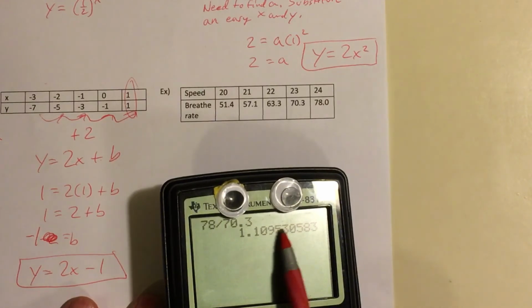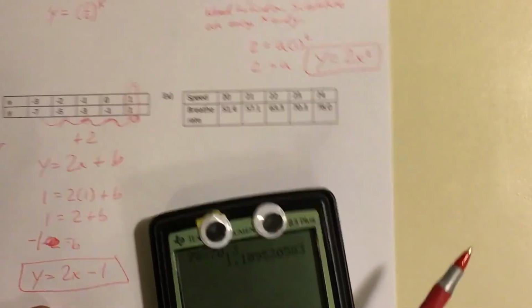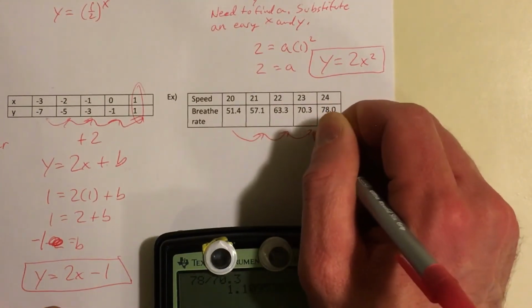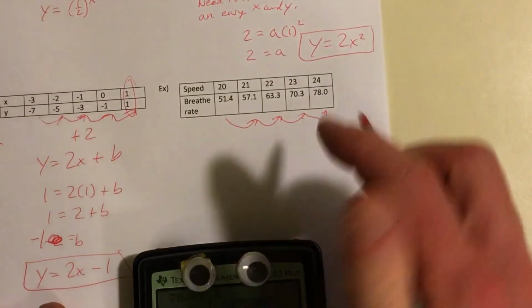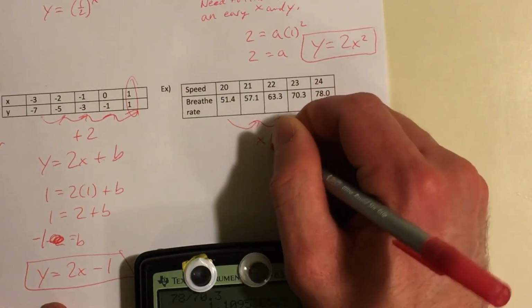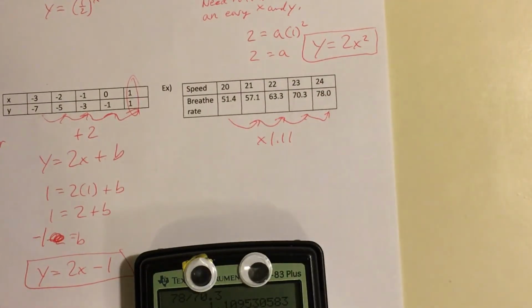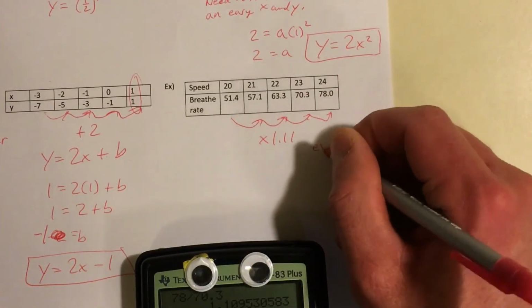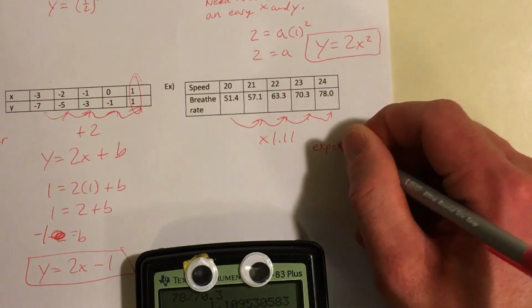This is a little bit below. I'm going to generalize and say that the pattern here is approximately multiplying by 1.11. Now there's some rounding issues here, and it could be when I wrote the problem, but it appears that multiplication pattern most closely represents the pattern. And because of that, we're going to think of it as exponential.